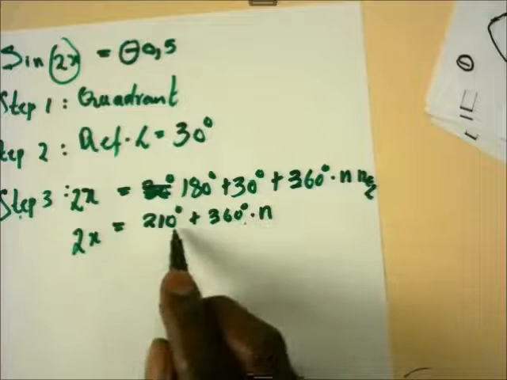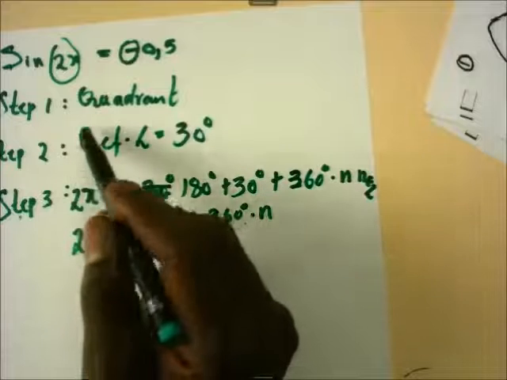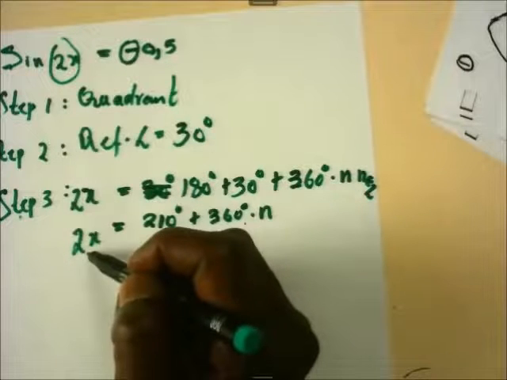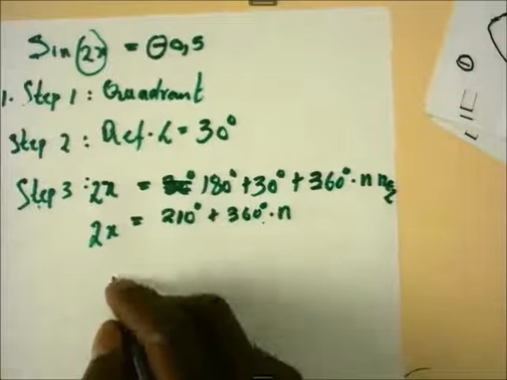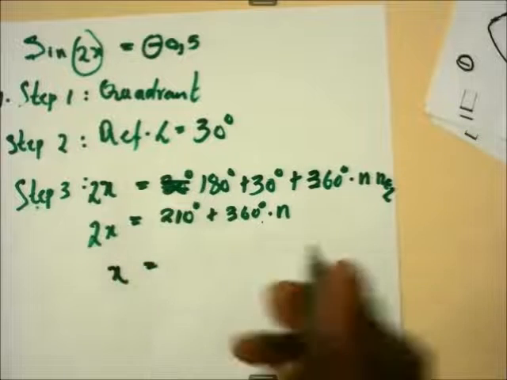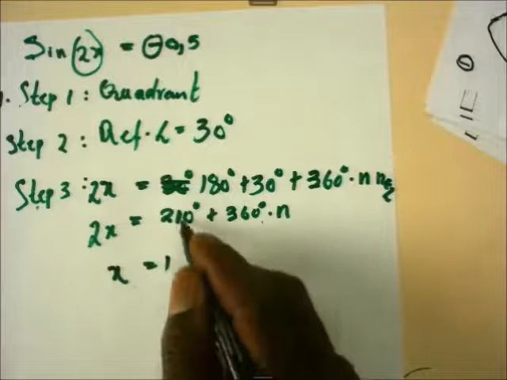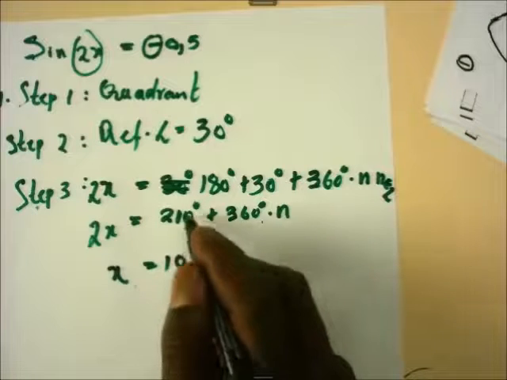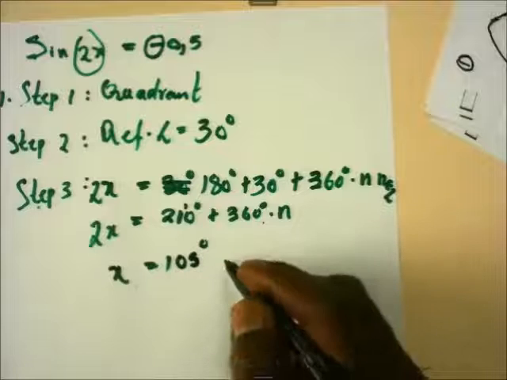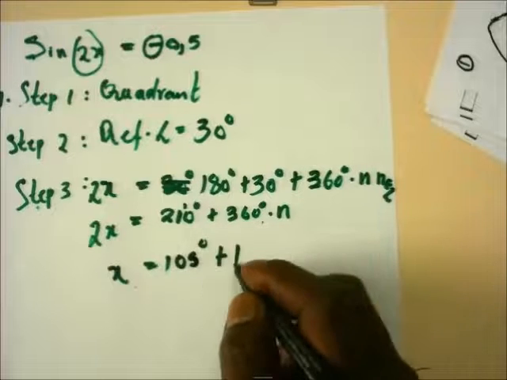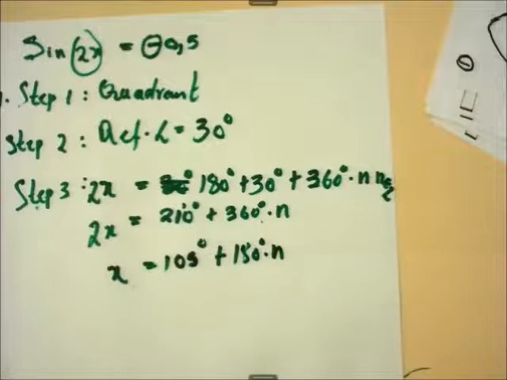This one has got n, this one doesn't have n. Now, we are not looking for the solution of 2x, but we want the value of x. So, to find the value of x, we must divide throughout by 2. 2 into 2 will go once, 2 into 1 doesn't go, it leaves 1 into 10, it will go 5 times, plus 2 into 360, it will go 180 degrees times n.